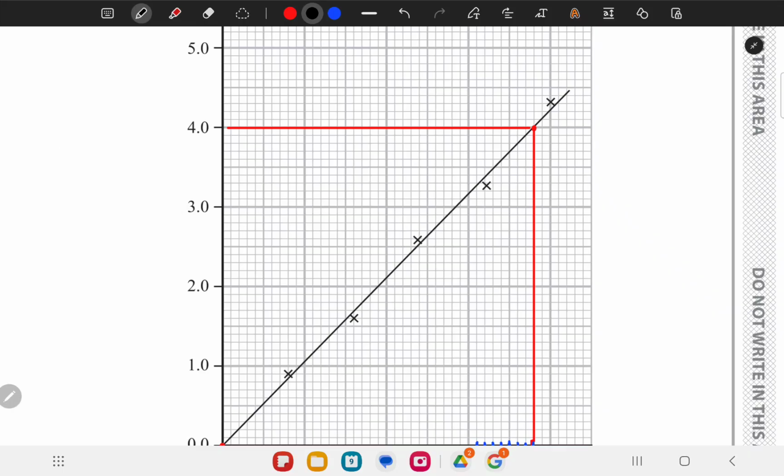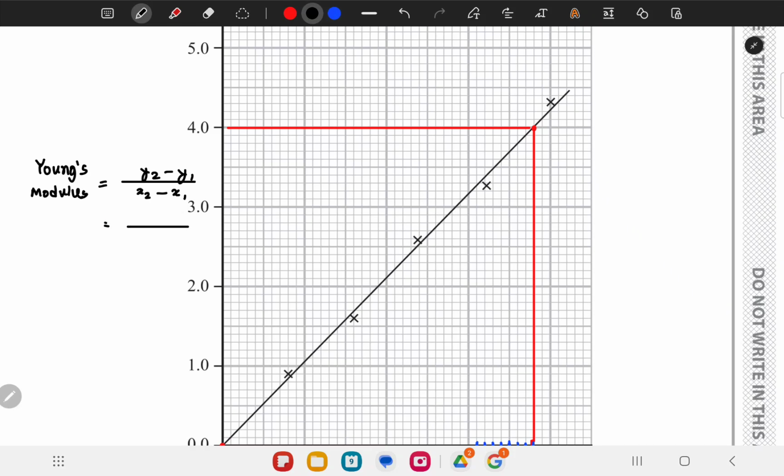So the gradient, or the Young's modulus, which is equal to the gradient, will be y2 minus y1 divided by x2 minus x1.